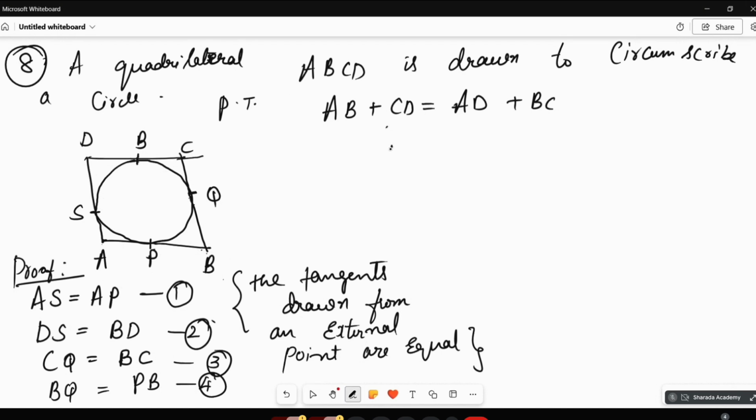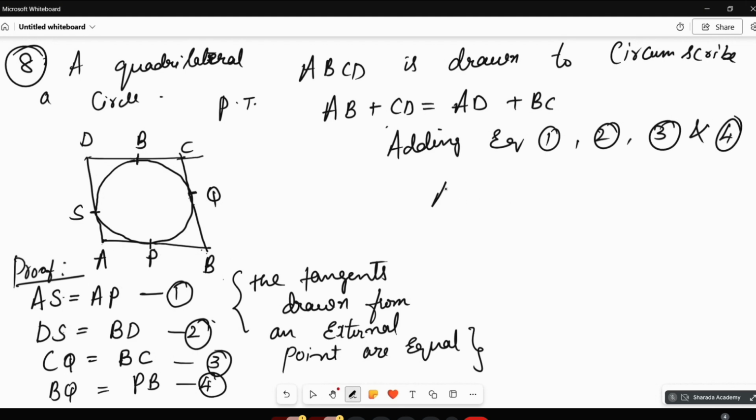So adding equations 1, 2, 3 and 4, if you add all four, what you will get? AS plus DS plus CQ plus BQ is equal to AP plus BP plus CR plus DR.